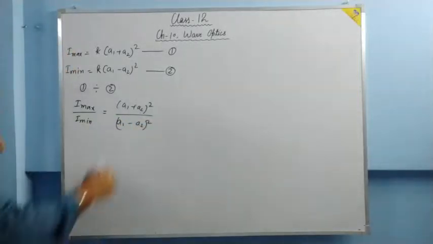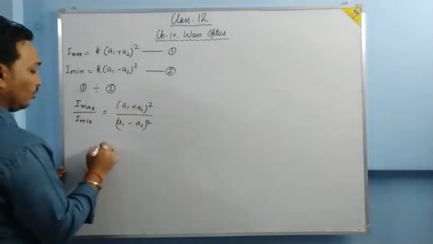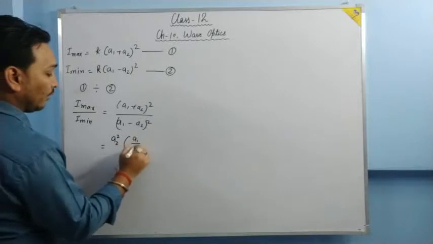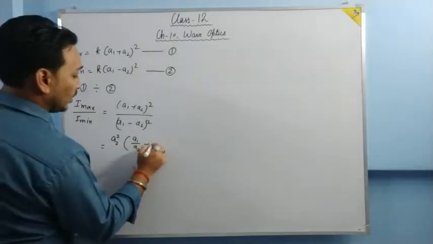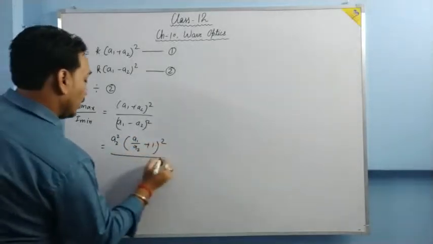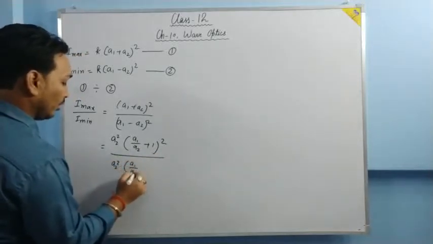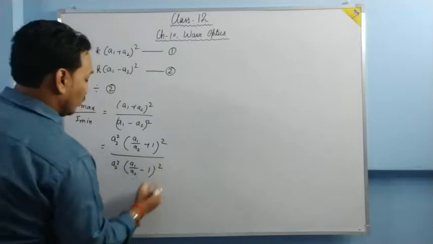What we do? We take A2 common. So here we are going to have A2 square common. In bracket we will have (A1 upon A2 plus 1) whole square, upon A2 square taken common, it will be (A1 upon A2 minus 1) whole square.